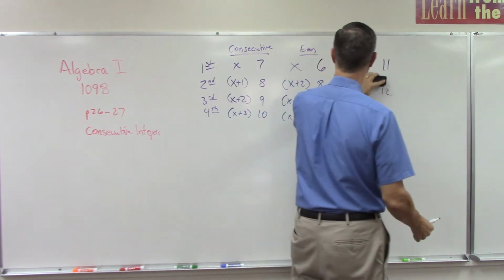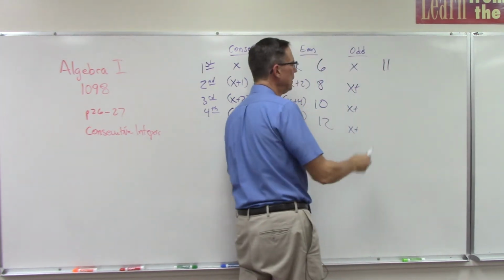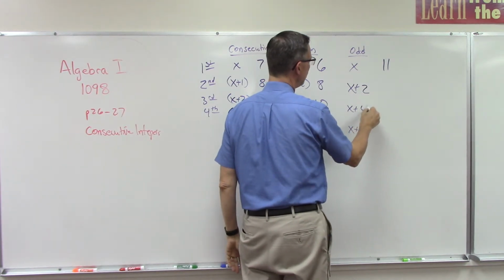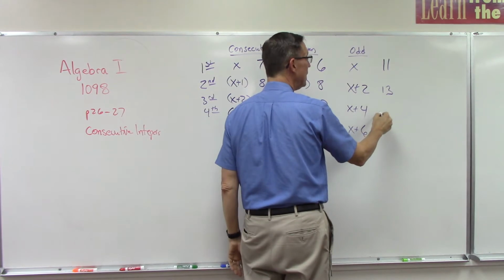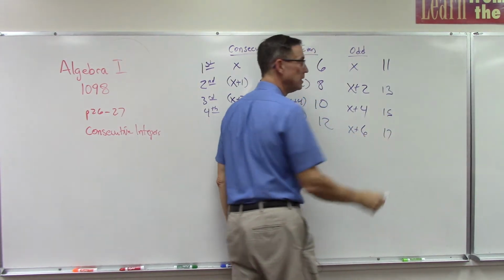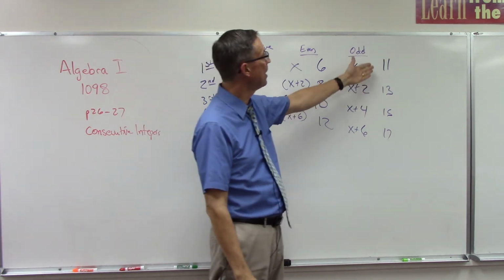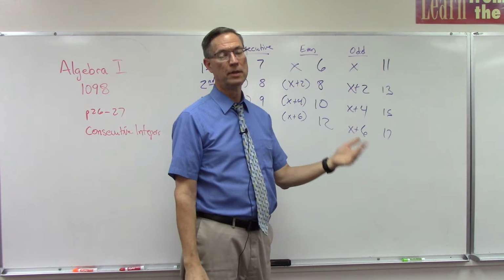But actually, we are going to do 2, 4, and 6 again, because 2 more than 11 is 13, 4 more than 11 is 15, 6 more is 17, and sure enough, we have consecutive odd integers.